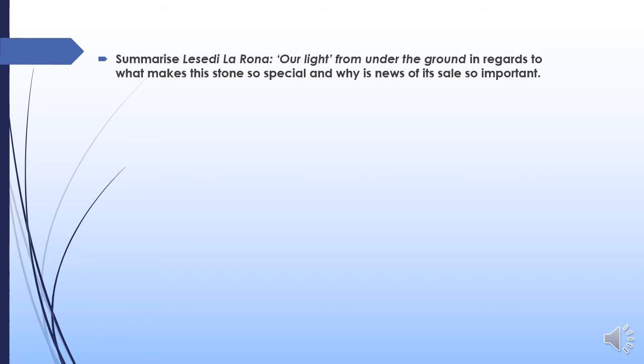You should write in continuous form, not in bullet points, and in your own words as far as possible. Make your summary not exceed 100 words. Now you may pause the video and then come back to see if you included the following points in your summary.